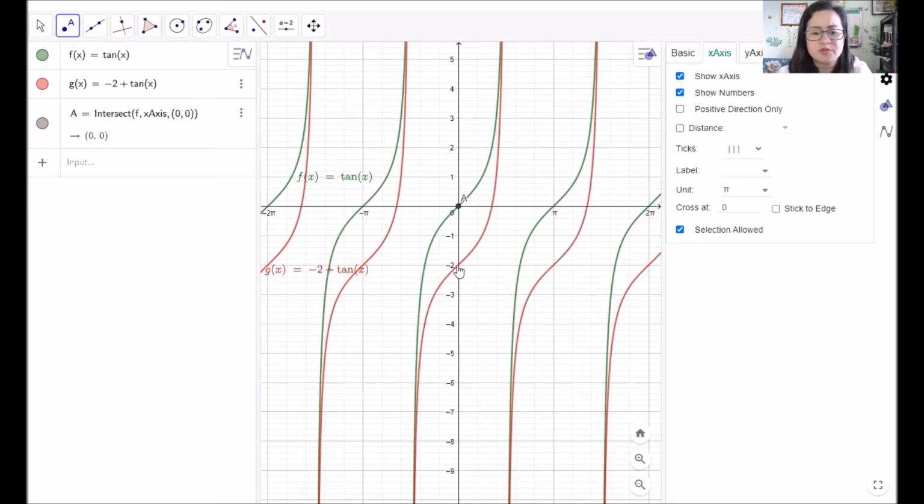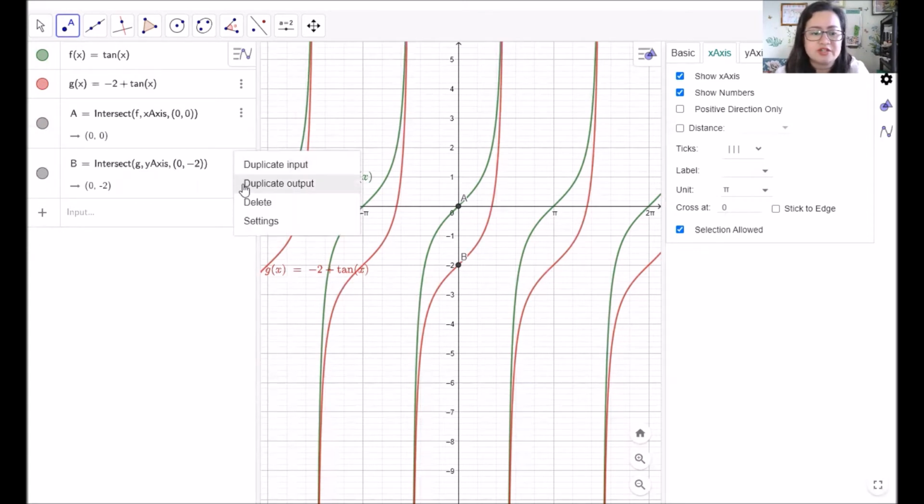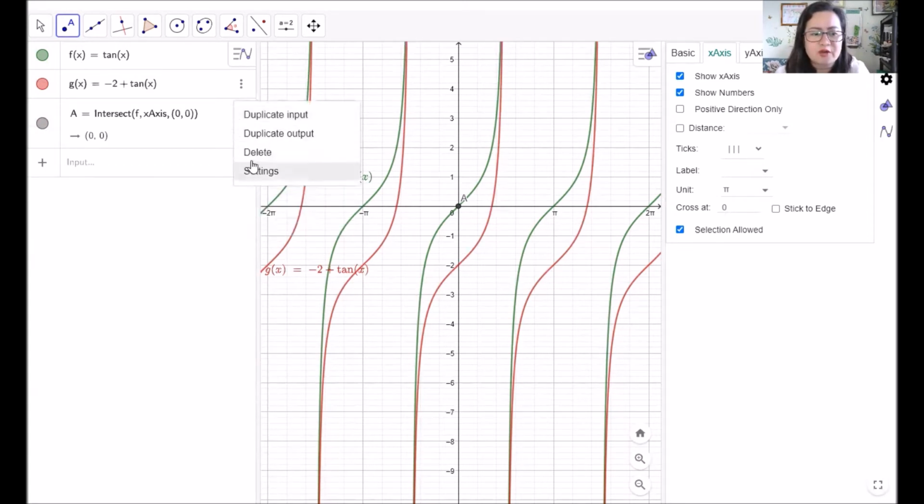And this is the turning point of -2 plus tangent x. So we can say that the graph of tangent x was shifted 2 units downward when b is negative. So we have now seen the effects of changing the value of b in the graph of tangent x.